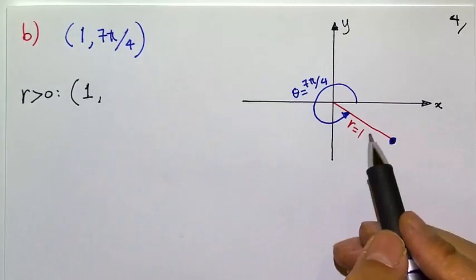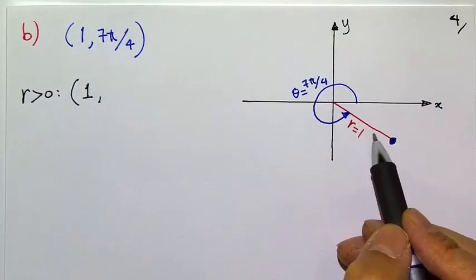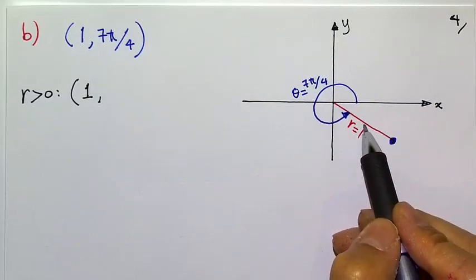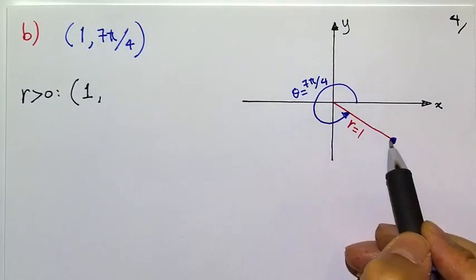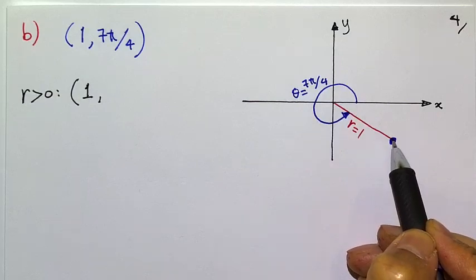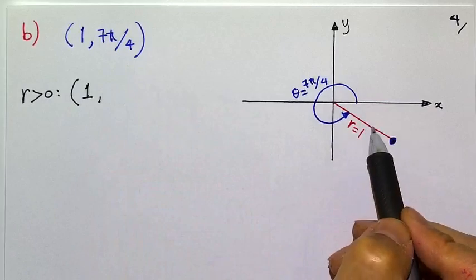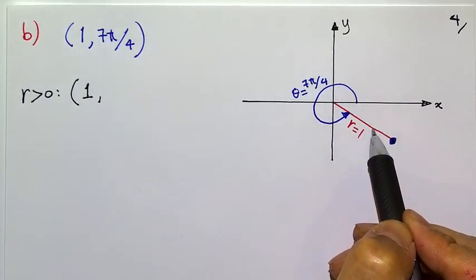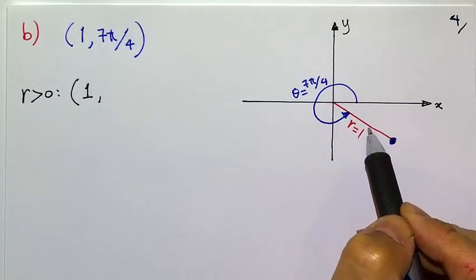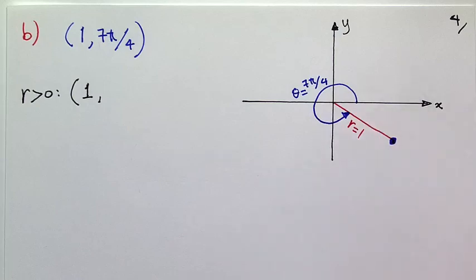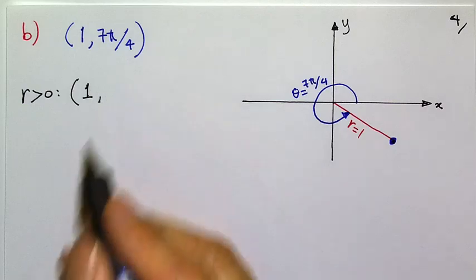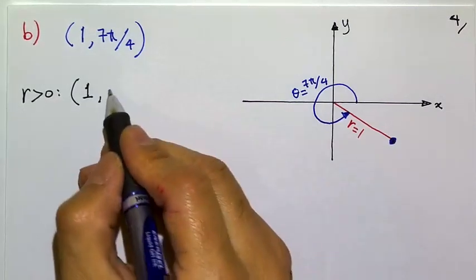which would mean I'm going clockwise this way back to this point, or I can add 2 pi to this, which means I would go 360 degrees in the counterclockwise direction. It makes no difference. The result is the same. We added 2 pi or pi in the previous example. Let's subtract this time because it makes no difference.